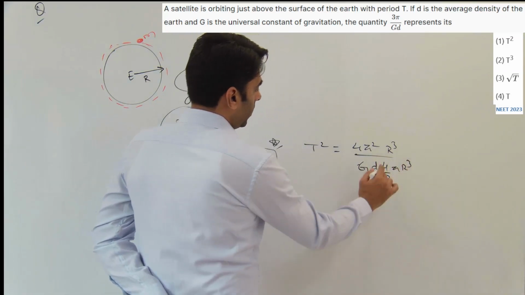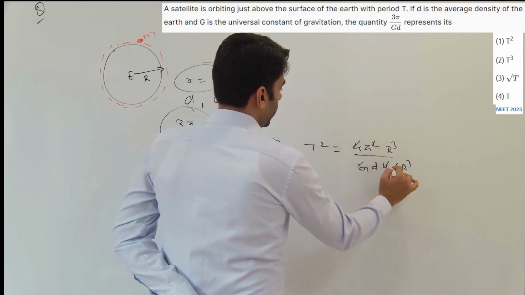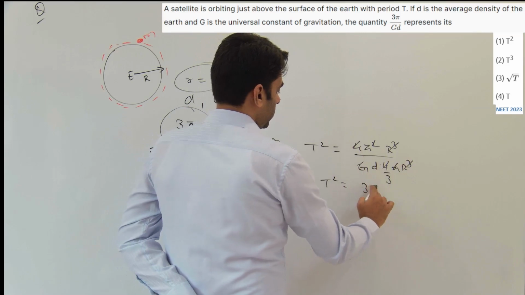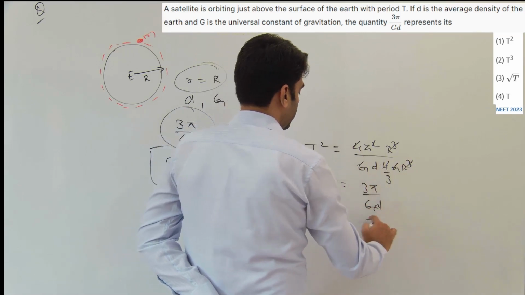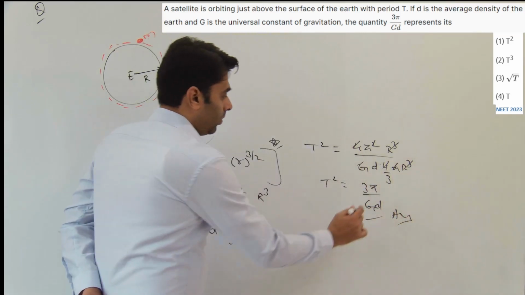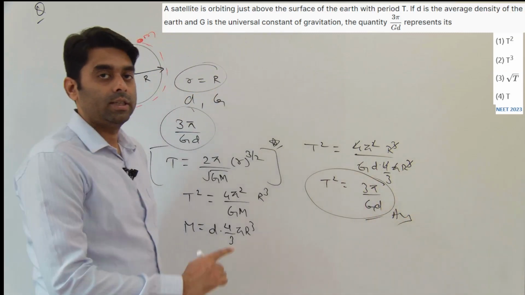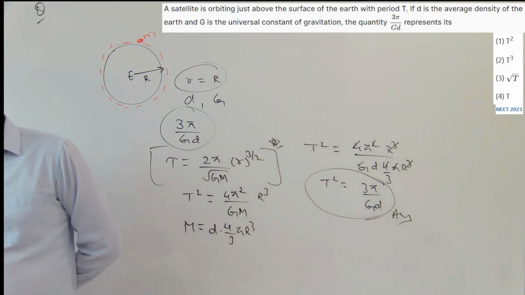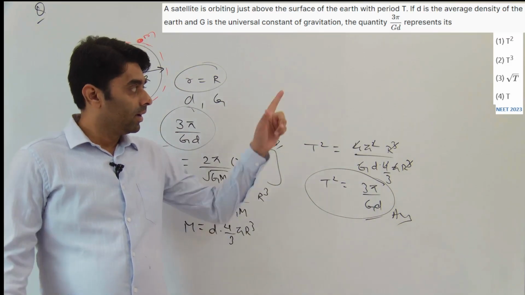What are we left with? 4 cancels out, pi cancels, r cube cancels out. So T square is equal to 3 pi by Gd. So the value of 3 pi by Gd is T square, which means option number 1 is our correct answer.